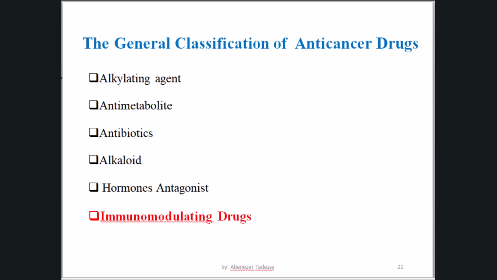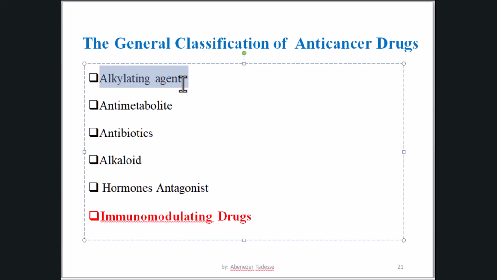The other one is a general classification of anti-cancer drugs. Like alkylating agents that add an alkyl group, antimetabolites that normally resemble natural metabolites, and anti-tumor antibiotics that are used in the management of cancer only, but not indicated for any infectious disease, and they are very highly cytotoxic. The other one is alkaloids, which are normally plant derivatives.